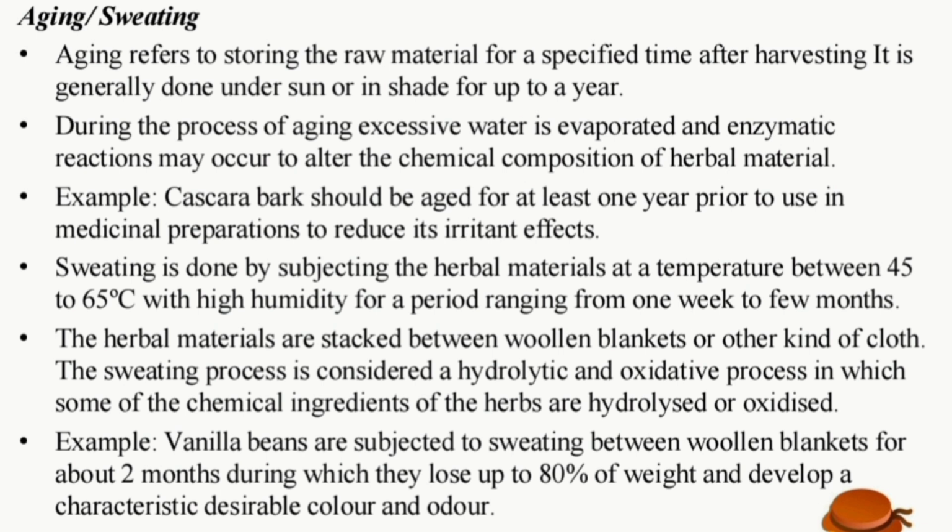The sweating process is considered a hydrolytic and oxidative process in which some of the chemical ingredients of the herbs are hydrolyzed or oxidized. For example, vanilla beans are subjected to sweating between woolen blankets for about 2 months, during which they lose up to 80% of their weight and develop a characteristic desirable color and odor.